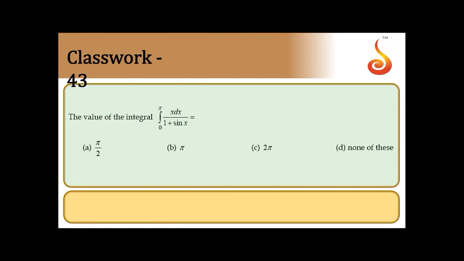Integration 0 to pi, x divided by 1 plus sin x. I is equal to integration 0 to pi, x dx divided by 1 plus sin x. Now, x divided by 1 plus sin x. You can use different ways, but I shall proceed like this one by eliminating x here.